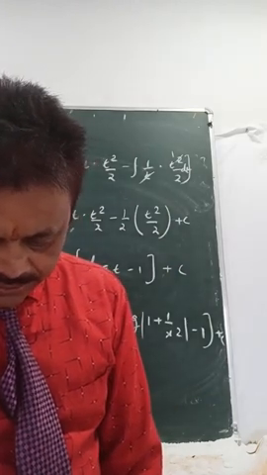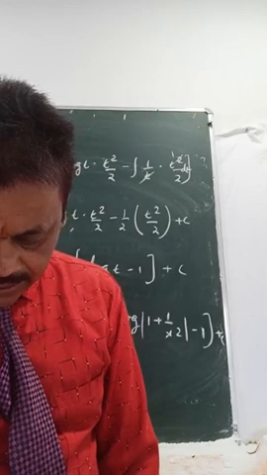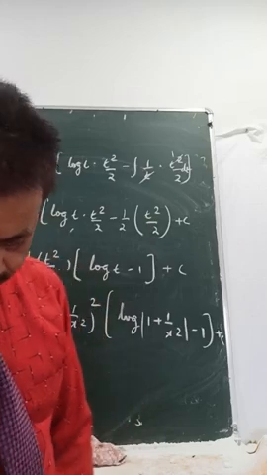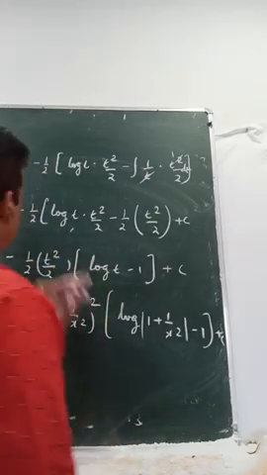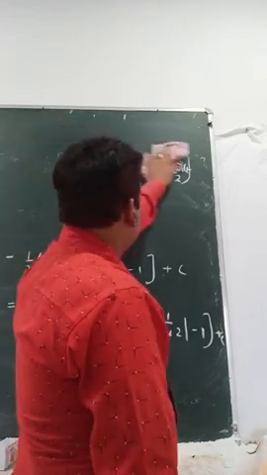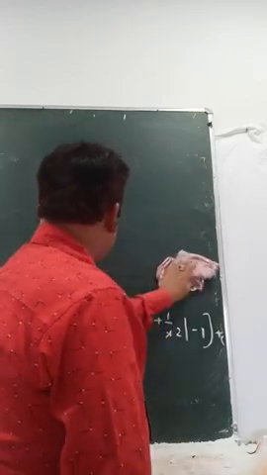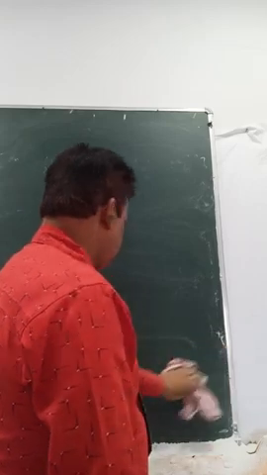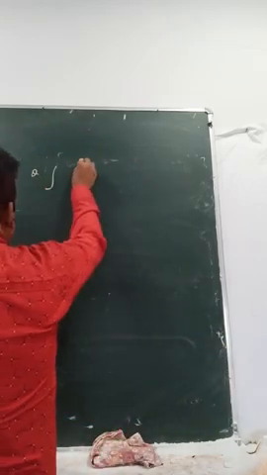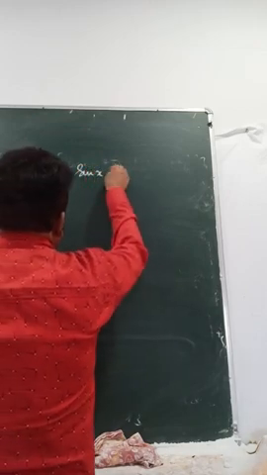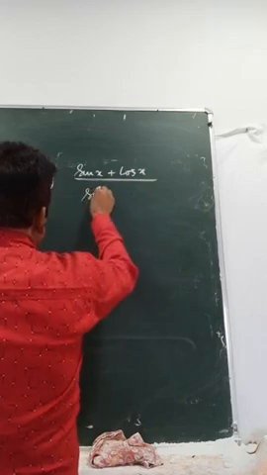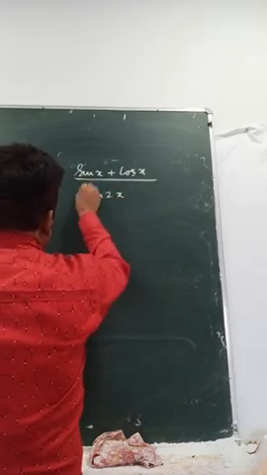See another one, which we will also be using in the definite integral. I'll tell you what to do here. This is important: √((sin x + cos x)/sin 2x).